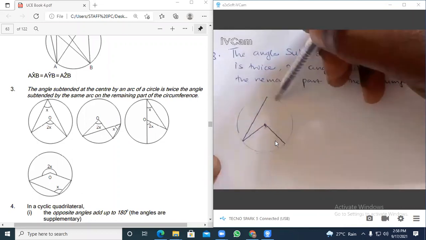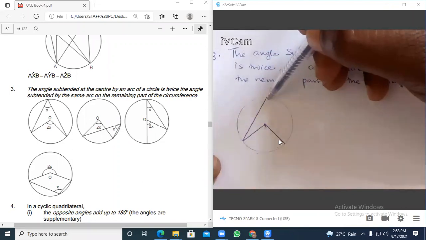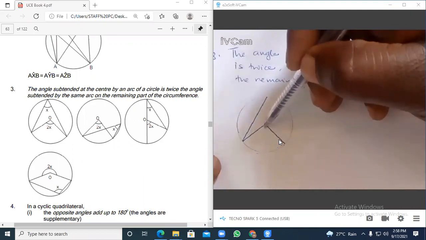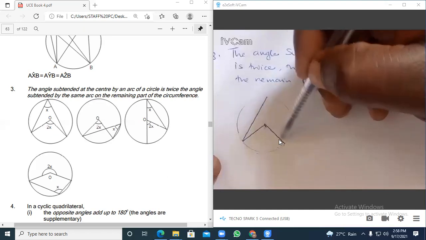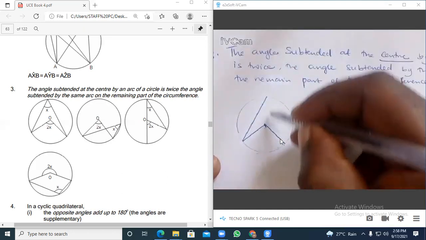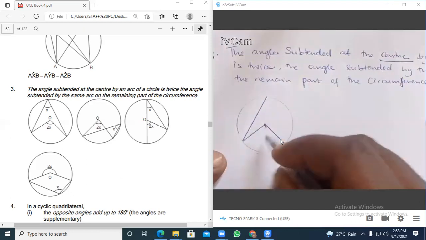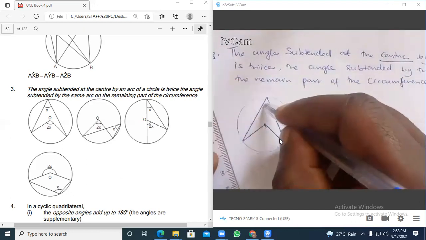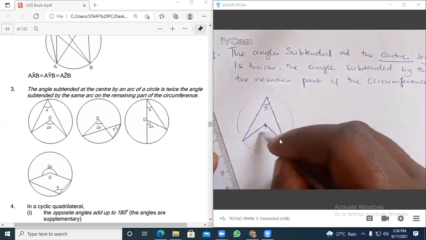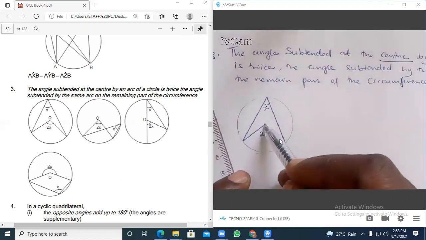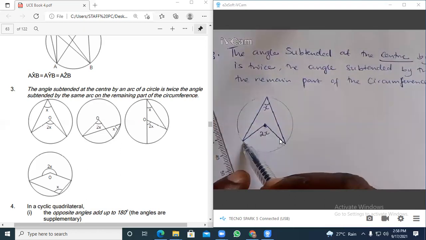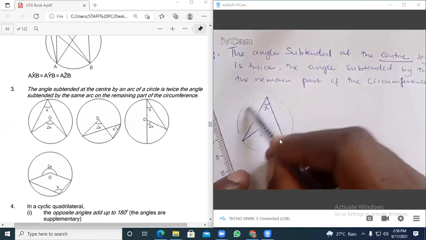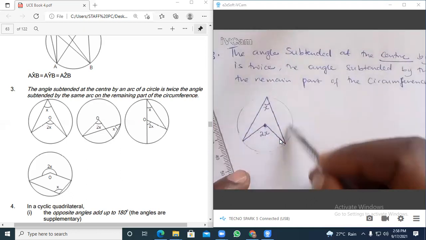So this is the remaining part, which is this side, and the angle subtended this side is half of this. So if we have x here, then this one will be 2x. This is the angle subtended at the center by this arc, and this is the angle subtended at the circumference by this remaining part of the circle.